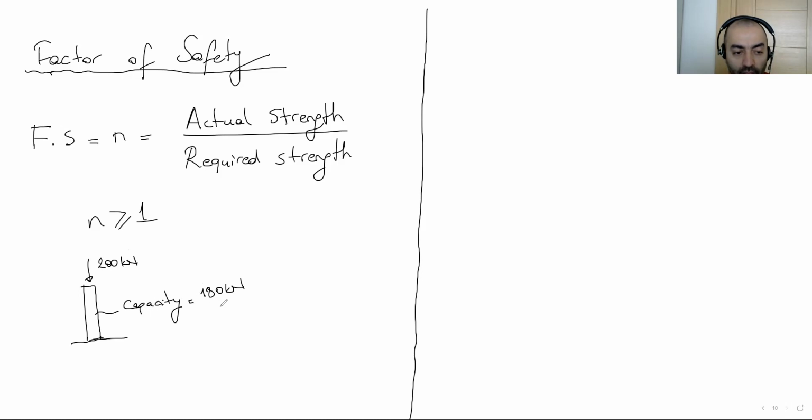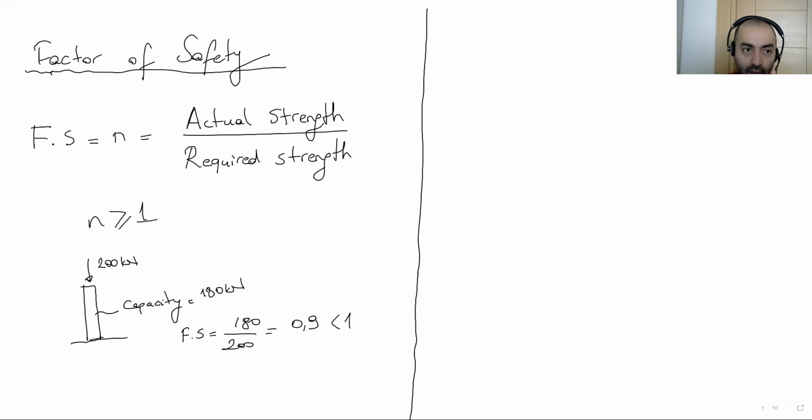No. When we look here, the capacity is really low, less than the required one. If we do the calculation, the factor of safety for this one is 0.9, and it's less than 1.